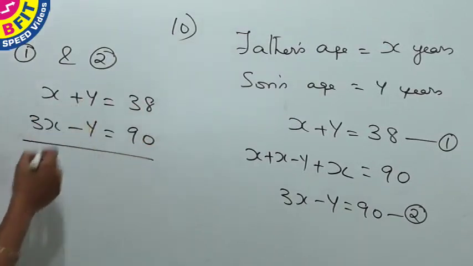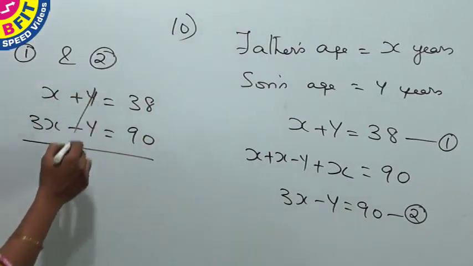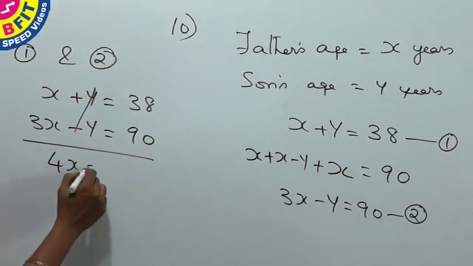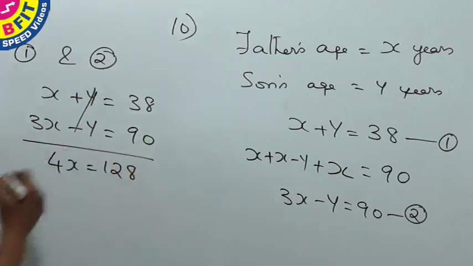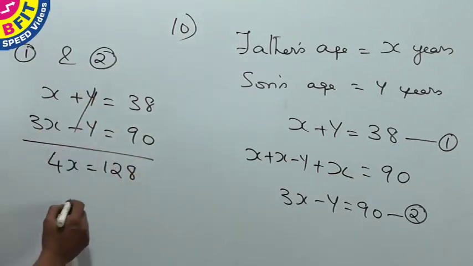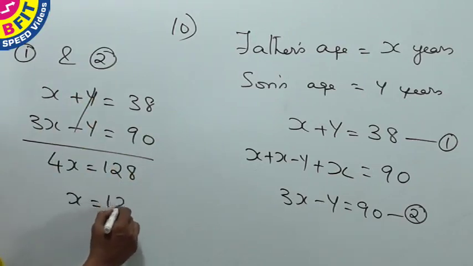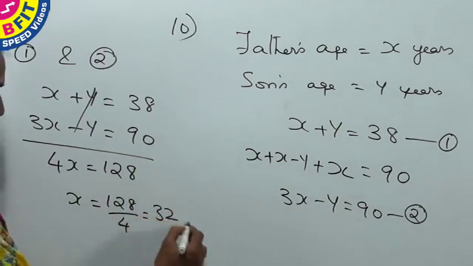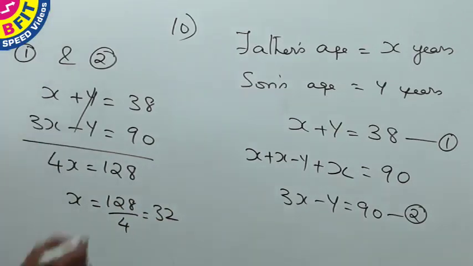So just by adding both the equations, we have 4X equal to 128. So X, which we have taken as father's present age, is equal to 32.